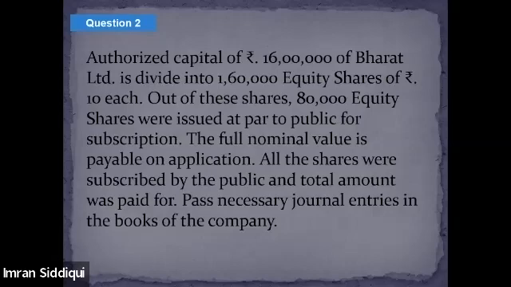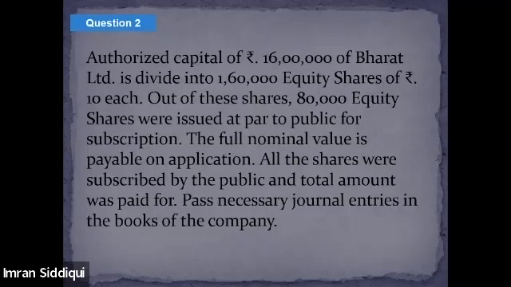And amount is 8 lakh. All right. And Shifa, could you please tell me the other entry? Equity share application and allotment account debit to equity share capital. That's right. Okay, very good.